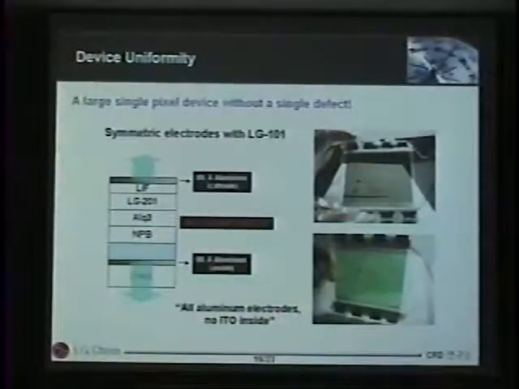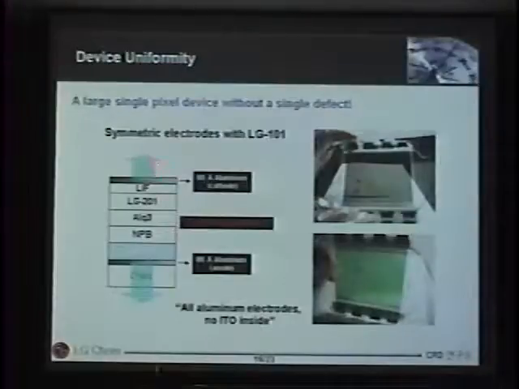Lifetime and driving voltage are very important, but how reliable a device can you make? That's more important. Otherwise, the production yield will be very low if you cannot do these kind of things. So what we did is, we made a device with the LG101, the magical HIL, and we deposit 80 angstrom of aluminum as an anode, and 80 angstrom of aluminum as a cathode.